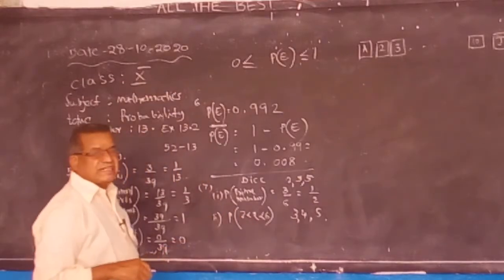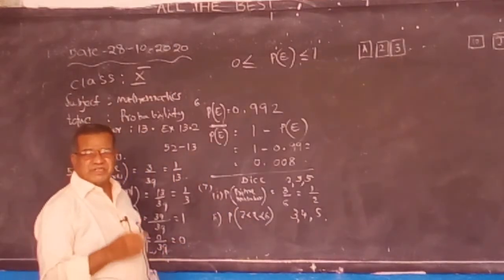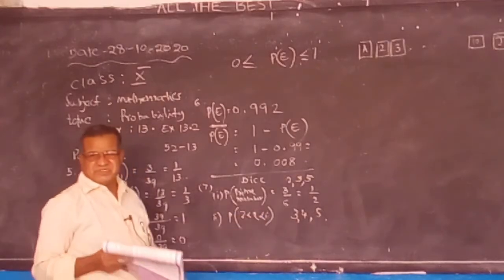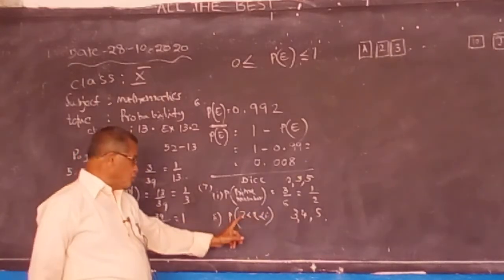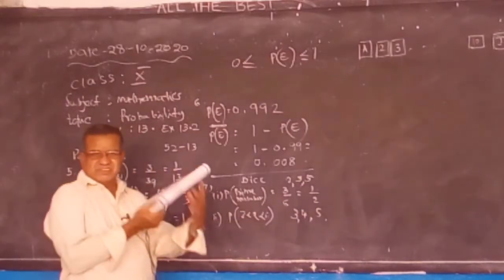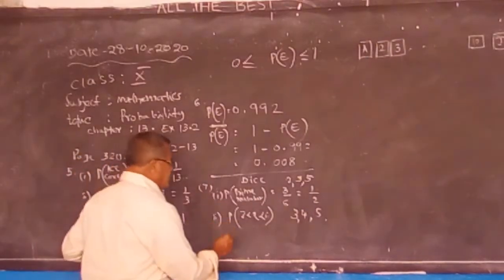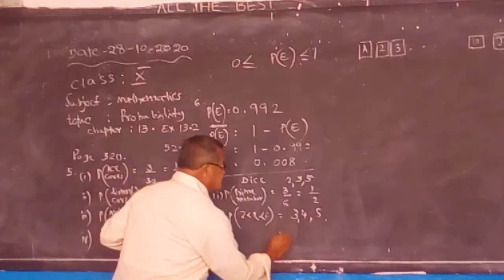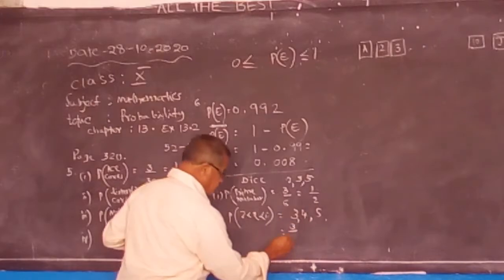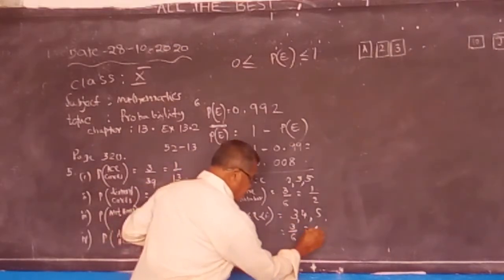But 2 and 6 are not included. The numbers that lie between 2 and 6 are 3, 4, 5. So probability is number of favorable outcomes 3, total 6, so 1 by 2.